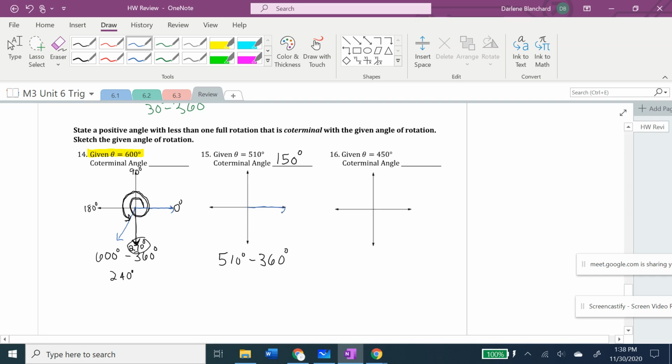You've got 0 degrees, 90, 180. So 150 is 30 degrees shy of 180, about there. But you are graphing the angle 510 degrees. You're showing that rotation, and that rotation starts at 0, goes all the way around, and then on its second round stops.